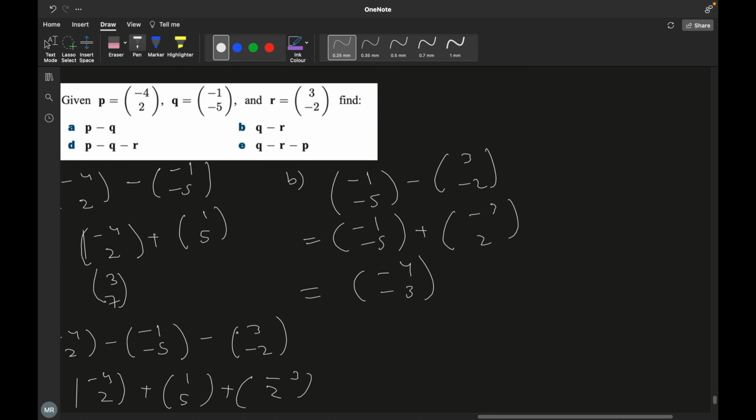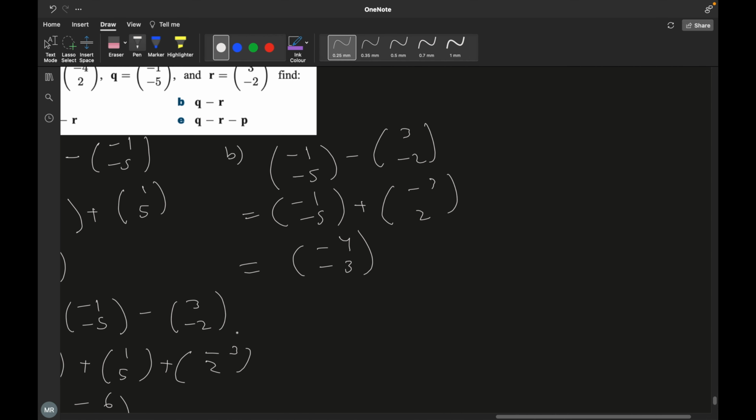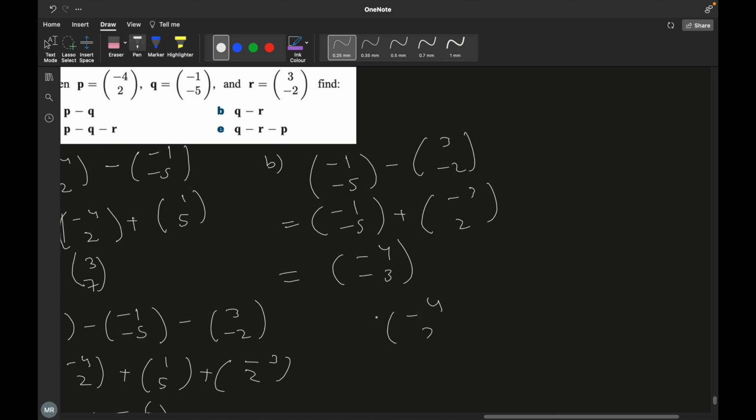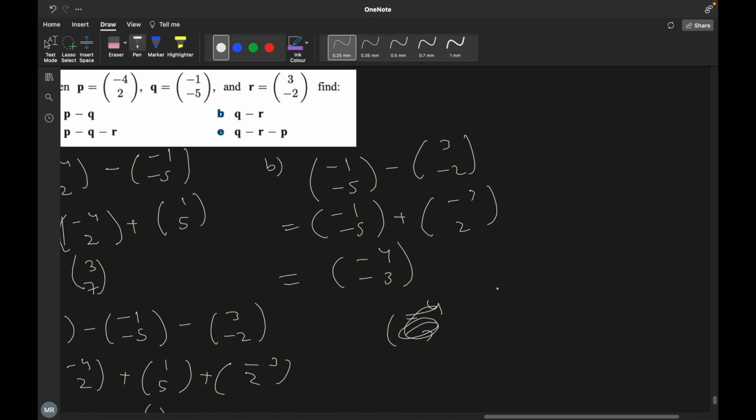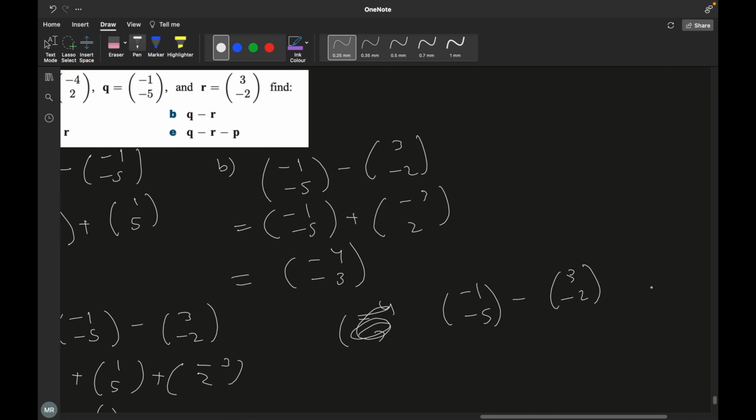And now try to solve the last question. It's going to be easy. Q is minus 4. No, minus 4, sorry. Minus 1, minus 5. 3 minus 2. And then minus b.